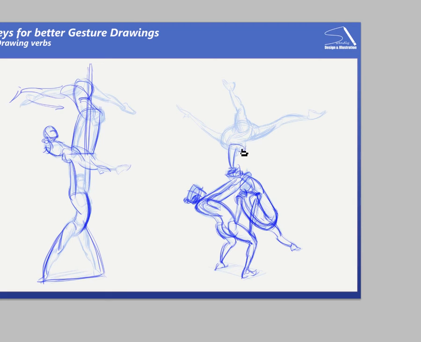Over shoulder right there. This is bending this side, and her hip area was bending the other side, like that.